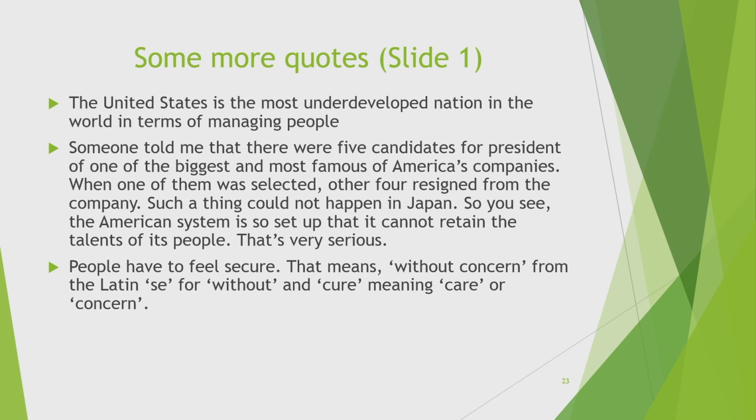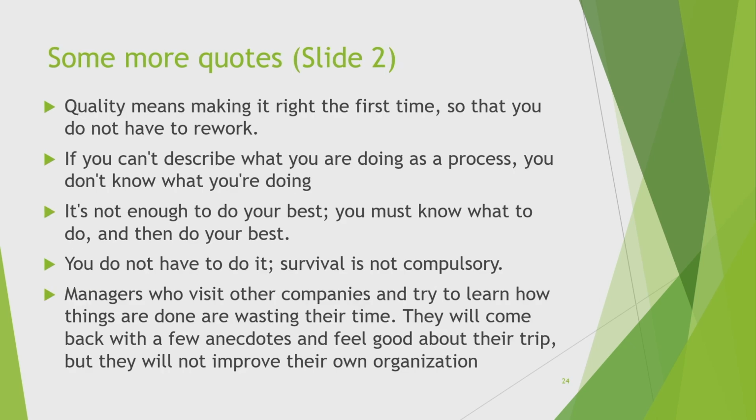Such a thing could not happen in Japan. So, you see the American system is so set up that it cannot retain the talents of its people. That is very serious. He said people have to feel secure, that means without concern, from the Latin se, meaning without, and cure, meaning care or concern. They should not be worried about their security, about their health etc.